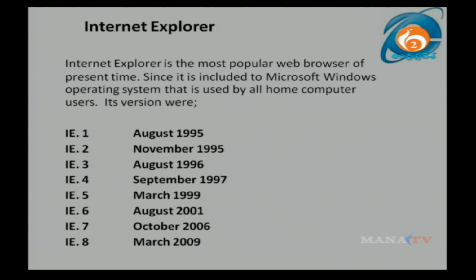Internet Explorer version 4, September 1997. Internet Explorer 5, March 1999. Internet Explorer 6, August 2001. Internet Explorer 7, October 2006. And the last one, Internet Explorer 8, March 2009. So, Internet Explorer has got many versions.